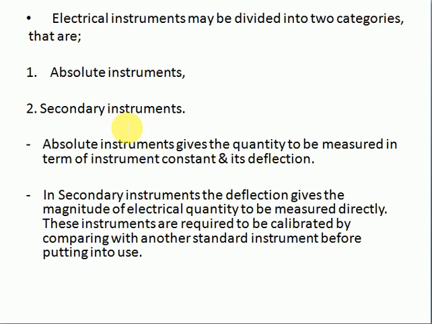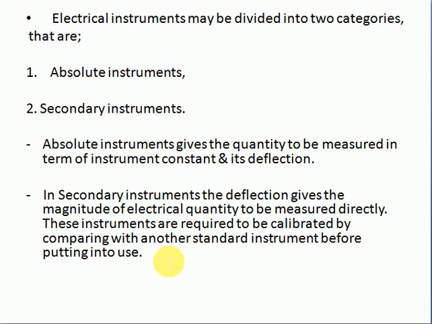So in secondary instruments, what is a secondary instrument? This instrument reads the quantity under measurement directly. A secondary instrument measures directly. Okay, so in a secondary instrument the deflection gives the magnitude of the electrical quantity to be measured directly. Okay, these instruments are required to be calibrated by comparing with another standard instrument before putting into use.